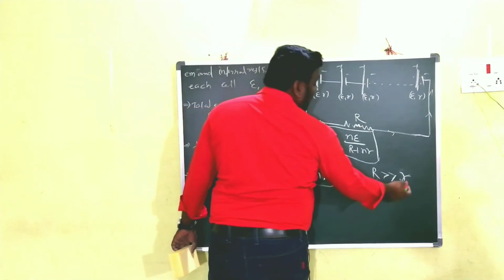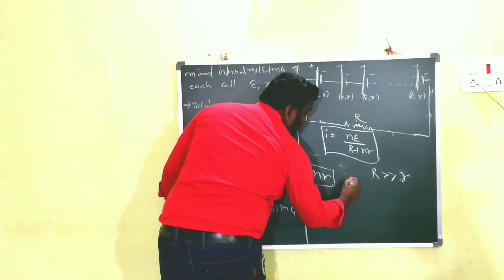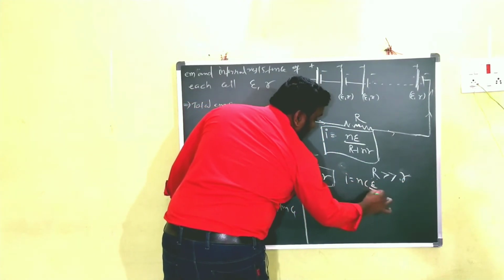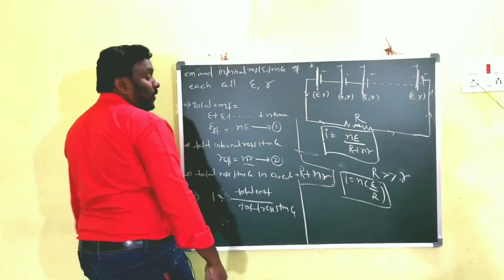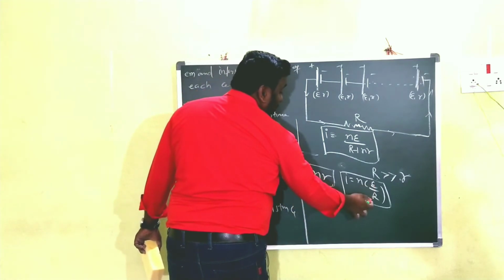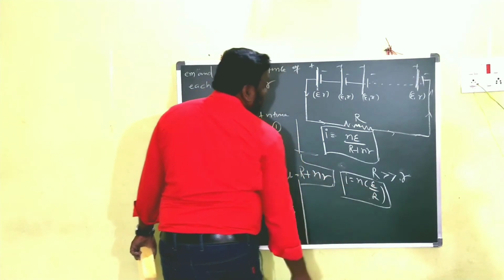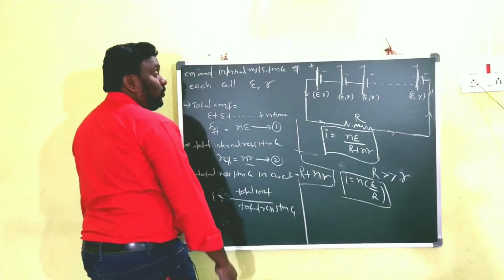That means compared to the capital R, small r is negligible. Then what do we write? I is equals to N into epsilon by R. So children, here epsilon by R is nothing but the current that passes through one cell.